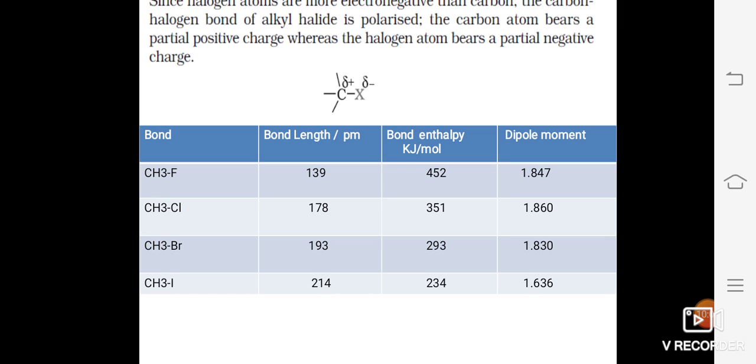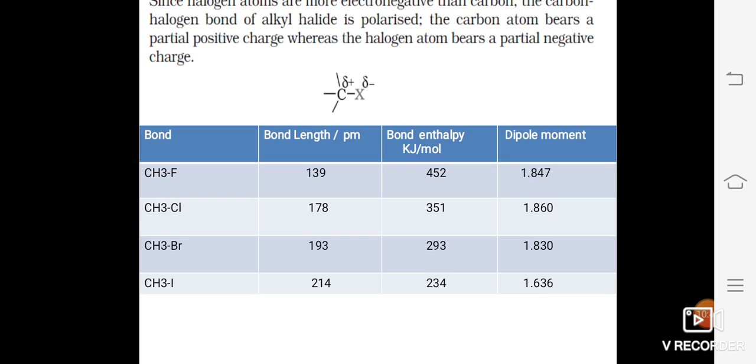So a primary carbon is one which is attached to only one carbon atom. The compound CH3F, methyl fluoride: the distance between the centers of carbon and fluorine is found to be 139 picometers, the bond energy is 452 kilojoules per mole, and the dipole moment is found to be 1.847 debye. For CH3Cl, the bond length is 178, the bond enthalpy is 351, and the dipole moment is 1.860.